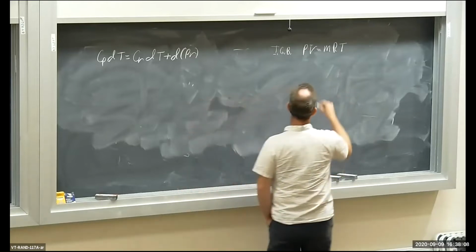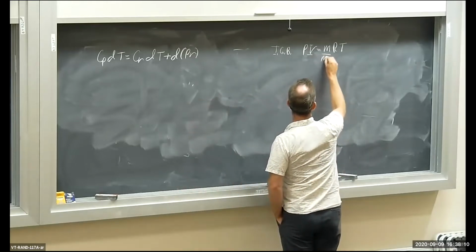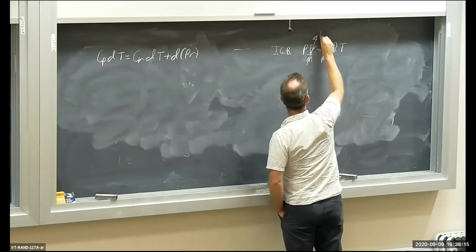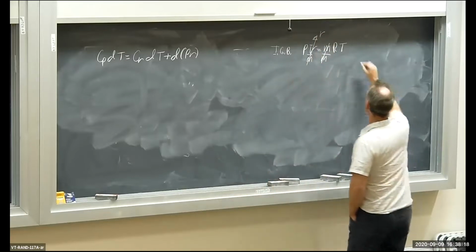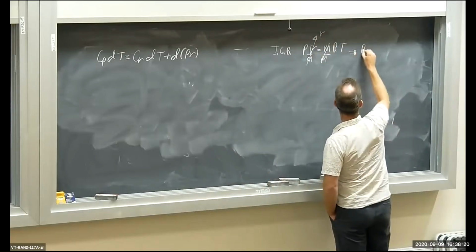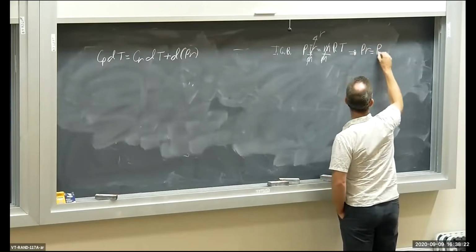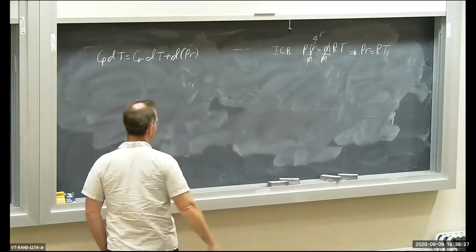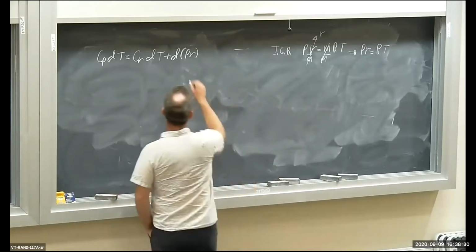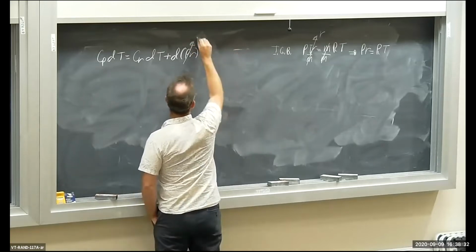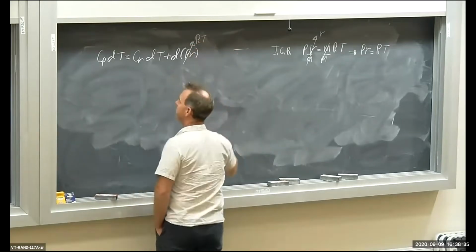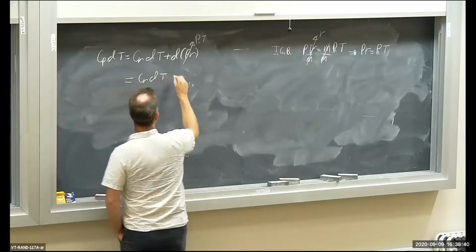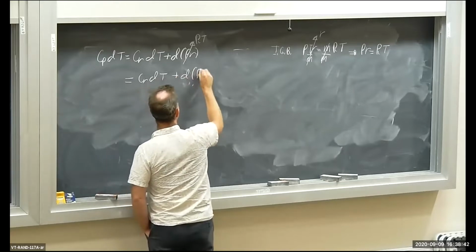Let me divide both sides of the equation by m. These cancel out, and volume divided by mass is specific volume. So pressure times specific volume is equal to RT. Let me substitute pressure times specific volume into here. So that is RT. And so I get Cv dT plus d(RT).